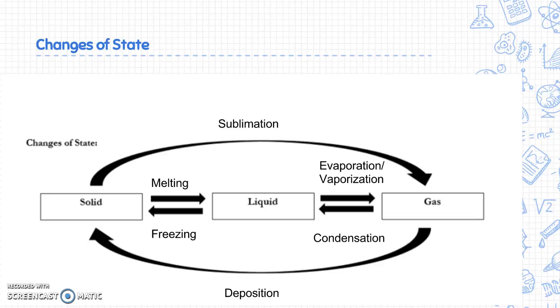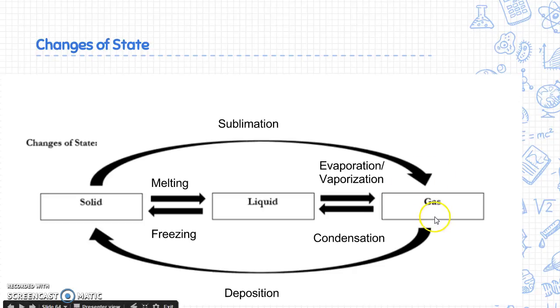If you ever have mothballs in a closet, or your grandparents have mothballs in a closet, as my grandmother did, the mothballs are solid naphthalene, and naphthalene will go directly to a gas. It bypasses the liquid stage. It doesn't melt and then evaporate.